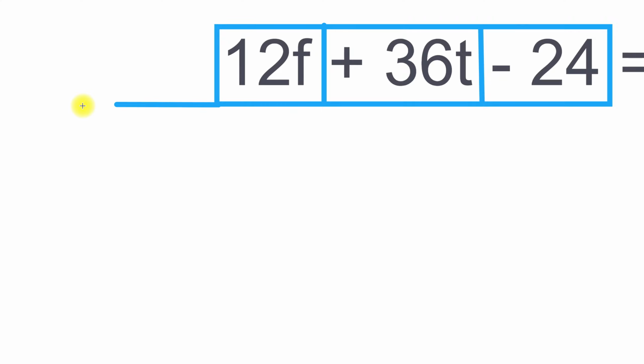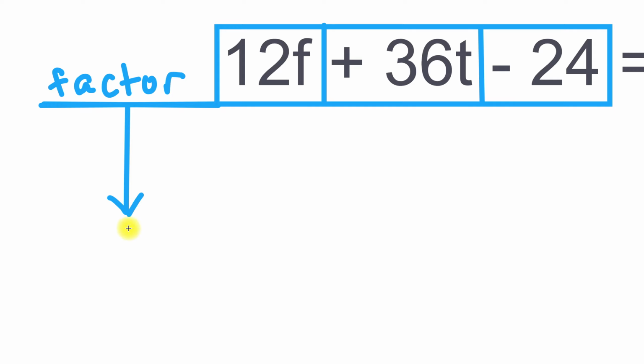So we're going to have a line down there. And then I'm going to write that factor down here, 6. The other thing I'm going to do is put parentheses at the beginning of this expression, and then also at the end of the expression back here.